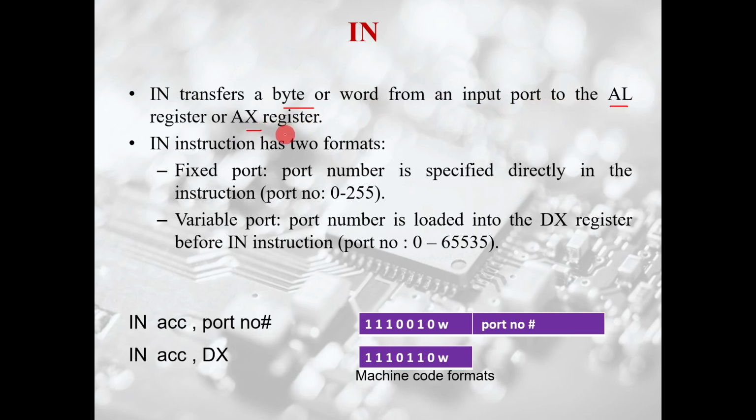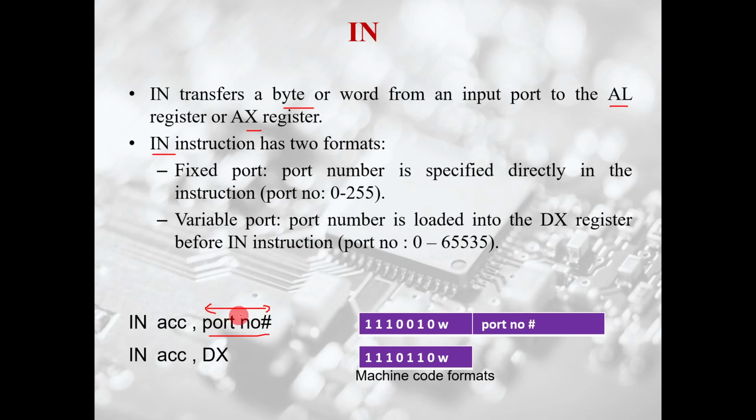Now, when I write an in instruction, I can write it in two ways. The first is to write in, and then the port number. This port number is 8-bit, as per the syntax.